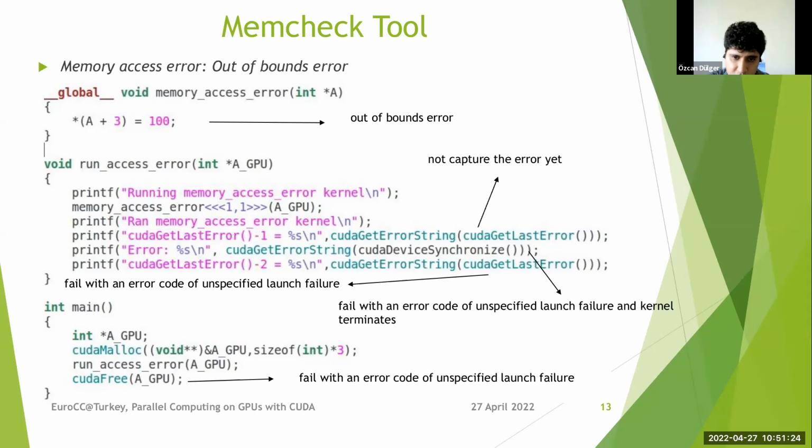Then for the following APIs, we get launch failure errors, because our kernel terminates unexpectedly. Our program may not terminate immediately, but the kernel exits unexpectedly. So we will get such launch failure errors.